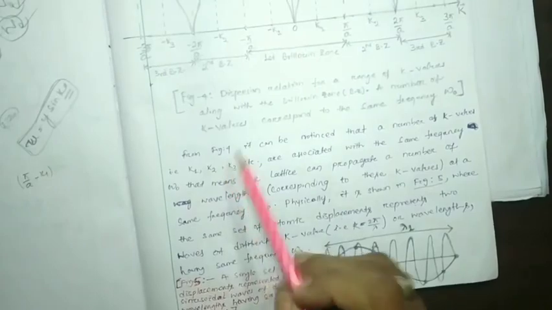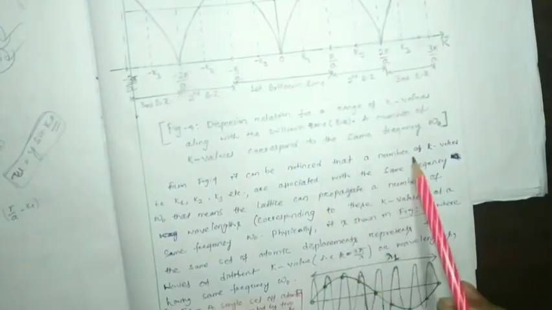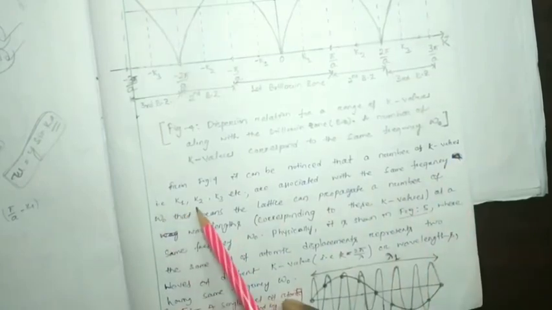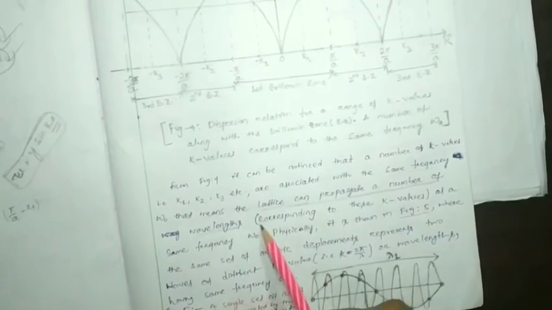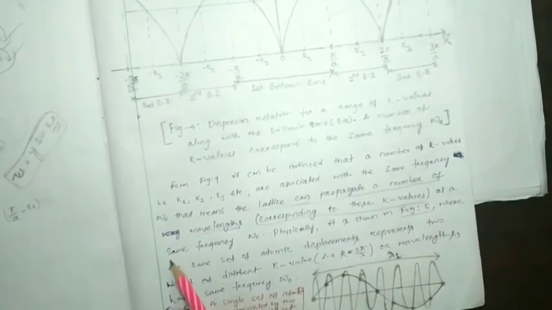The same thing has been written from figure 4. It can be noticed that a number of k values, that is k1, k2, k3 etc., are associated with the same frequency omega 0. That means the lattice can propagate a number of wavelengths at the same frequency omega 0. So what is the meaning of that?